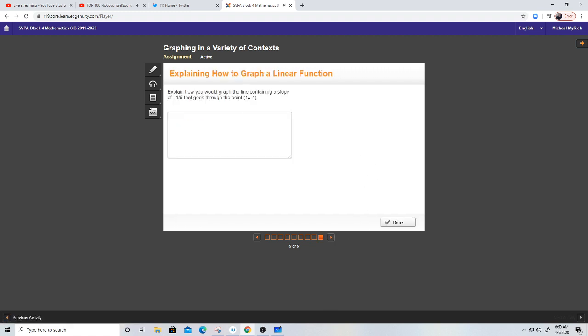How do you graph a line given the slope and the y-intercept? Alright, good question. But remember, if you got a point and a slope, you always plot the point first, then use the slope and counting method to draw a second point, then connect them.